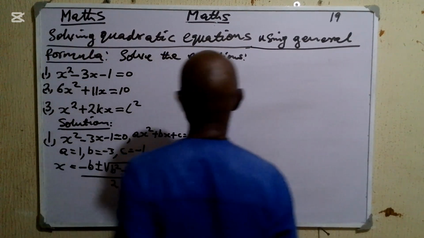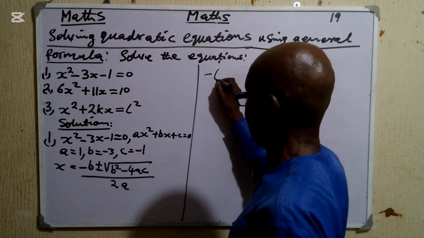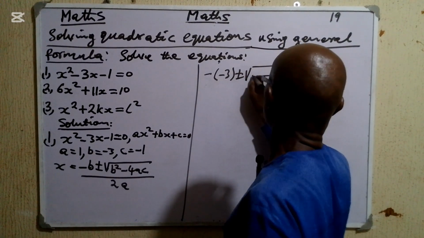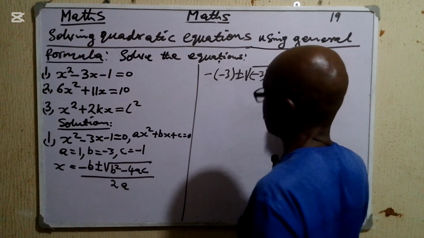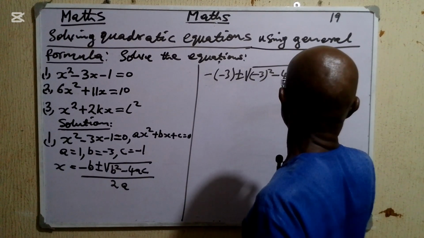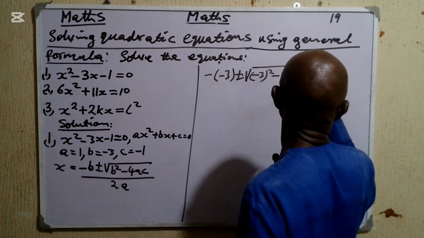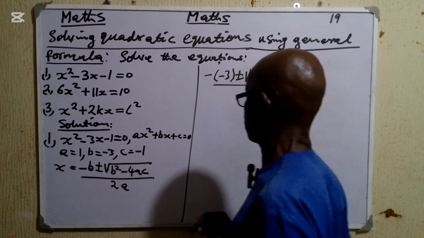So coming over here, we have minus bracket minus 3 plus or minus square root of minus 3 squared minus 4 times our a, which is 1, and our c, which is minus 1, then all over 2 times 1.